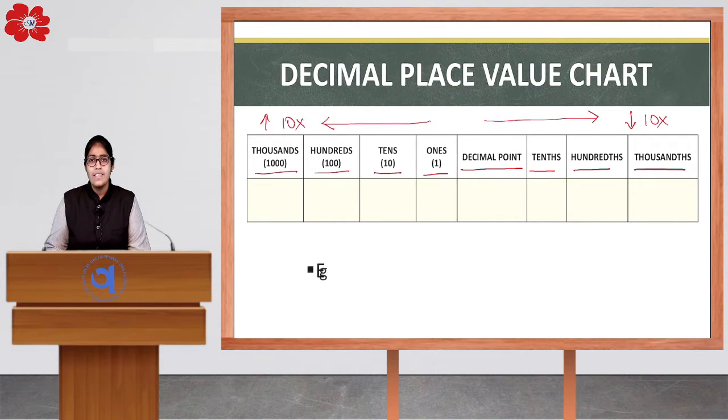Now let us place a number, say 2196.327, in the place value chart. So how will we place it? Let us start with the whole number part. So first is the ones place. Which digit will come at the ones place? Yes, it will be 6. Then in the tens place, the number will be 9.